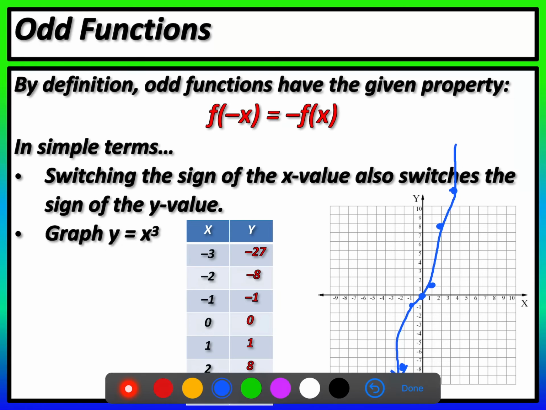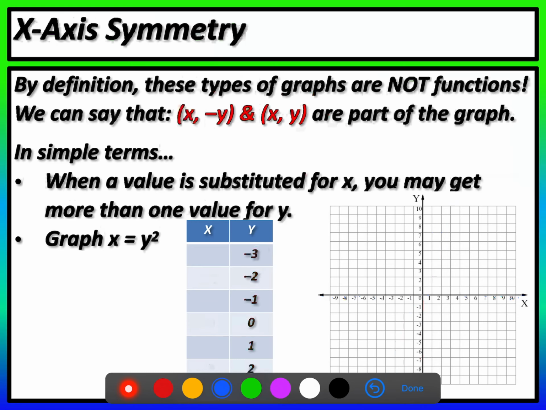But this is a cubic function. Looks something like that. But if we folded this, first folded it down along the x, and then half that paper we folded here along the y, those two pieces of graph would fall on top of each other, and that would make this an odd function. So they would have symmetry over the origin.